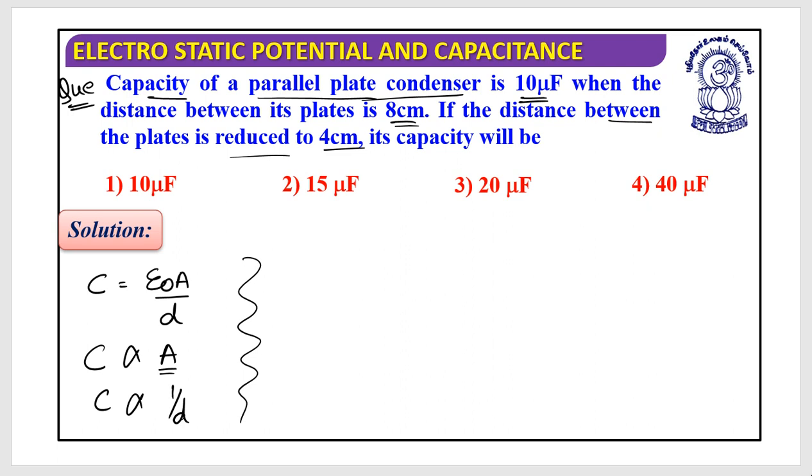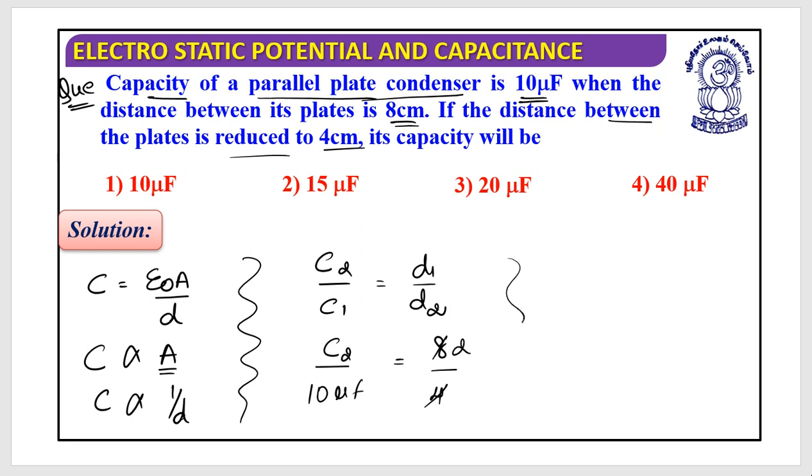That means they must have changed only the separation between two plates. So what I can write is C2 by C1 is equals to D1 by D2. C2 is the new capacity, C1 was the previous capacity and that capacity was 10 microfarad. D1, initial separation, was 8 centimeter, final separation was 4 centimeter.